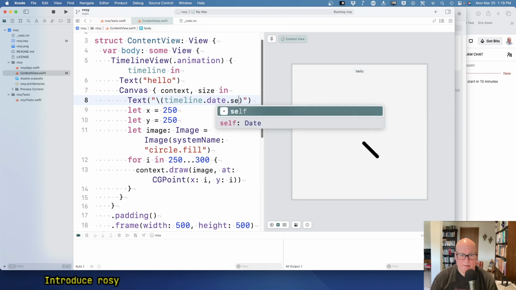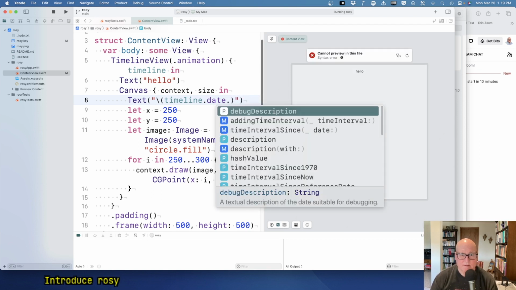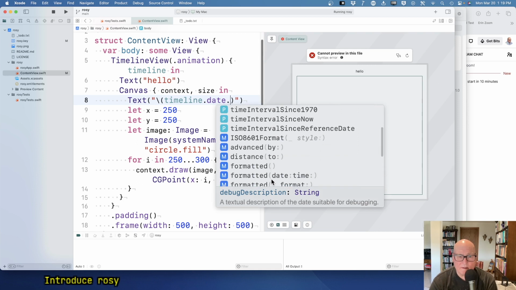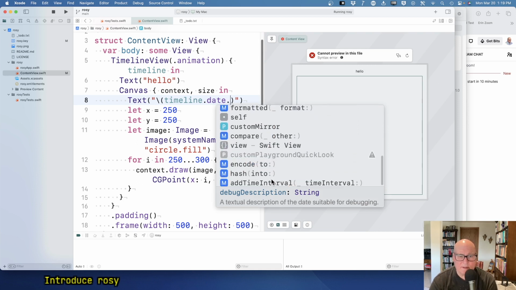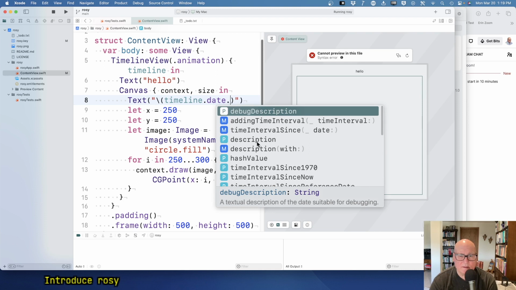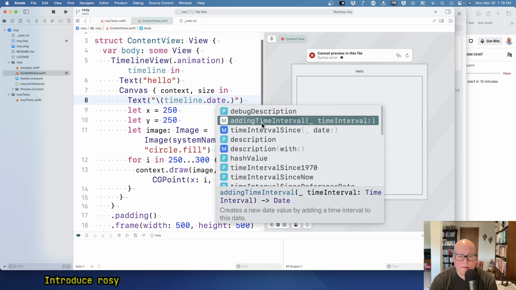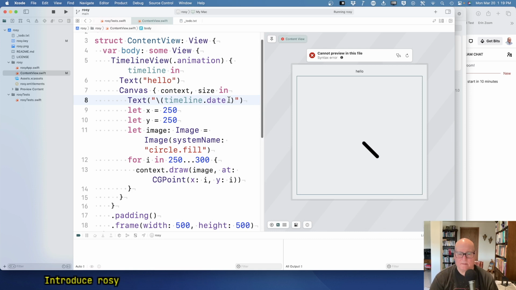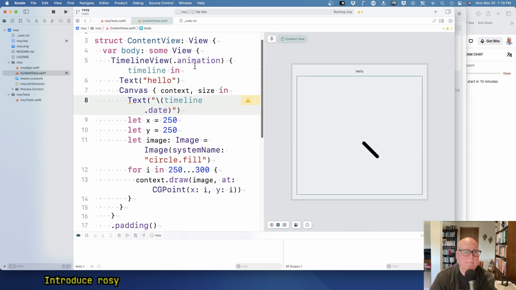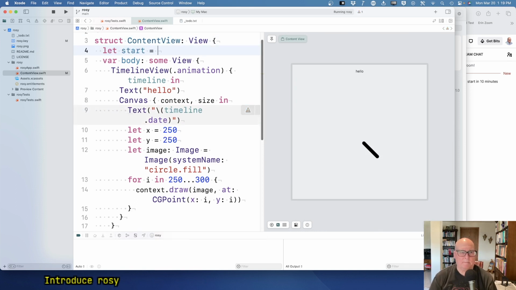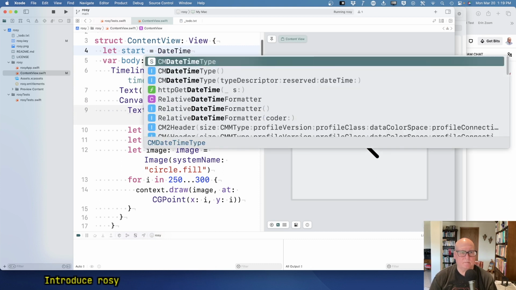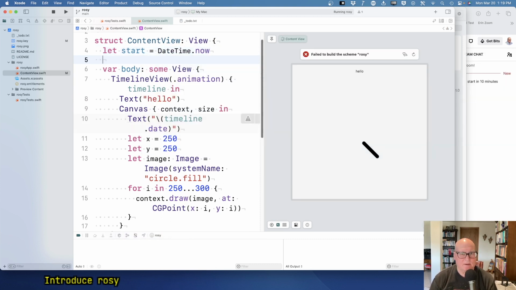Dot date. Formatted. I don't want to do that. Is it datetime.now? I don't know. Is there some language in which it is? I'm absolutely sure that's true.